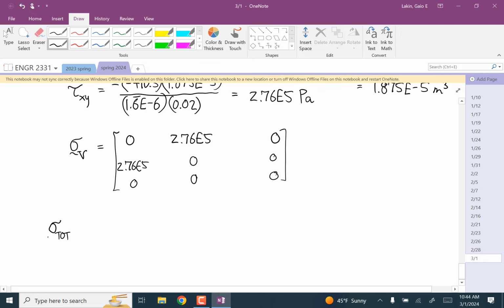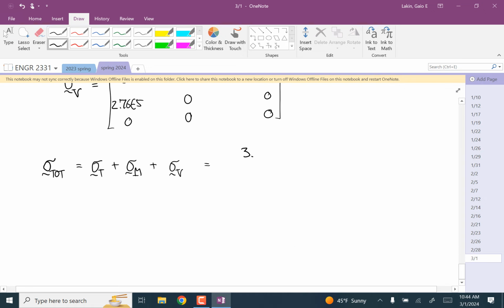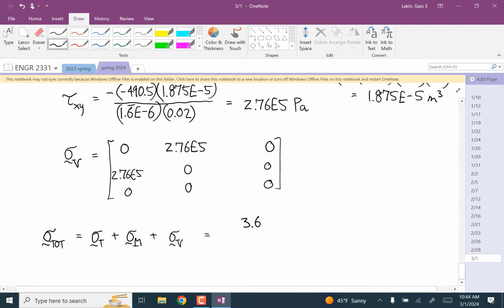The total stress tensor is the sum of these three, which is 3.68 times 10 to the 6, 2.76 times 10 to the 5, 0, 2.76 times 10 to the 5, and zeros.